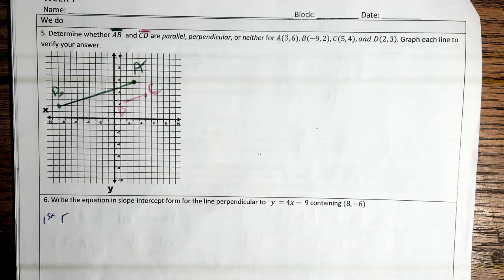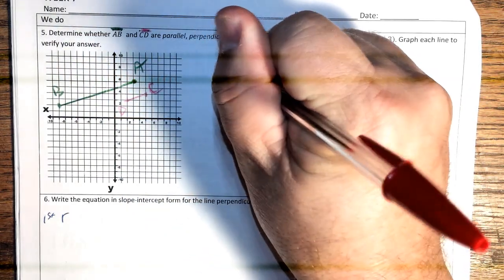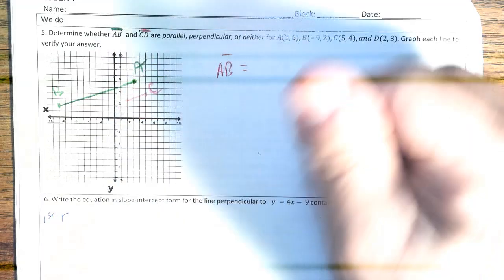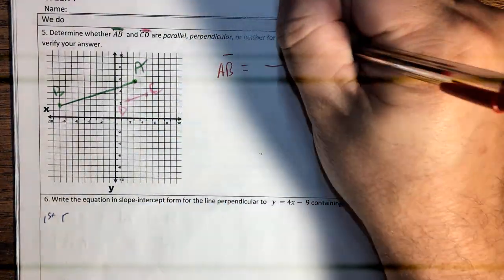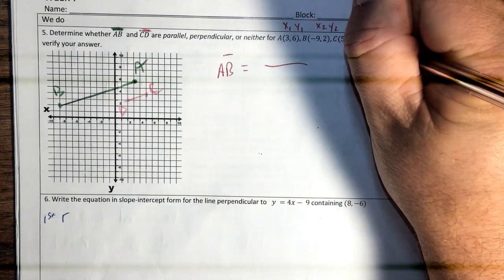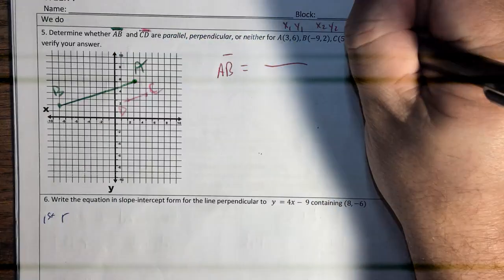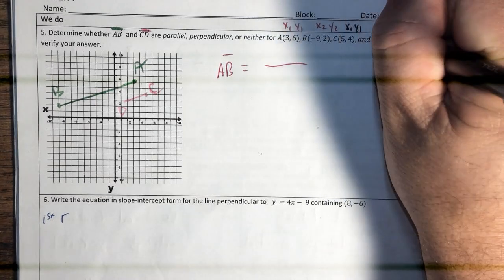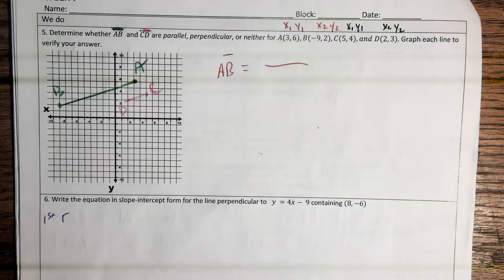They asked us to graph them, and we can look at that and they look pretty perpendicular, but we can't go by looks. We have to go by the math. So AB, again, we'll do x1, y1, x2, y2. So A will be x1, y1, B will be x2, y2.